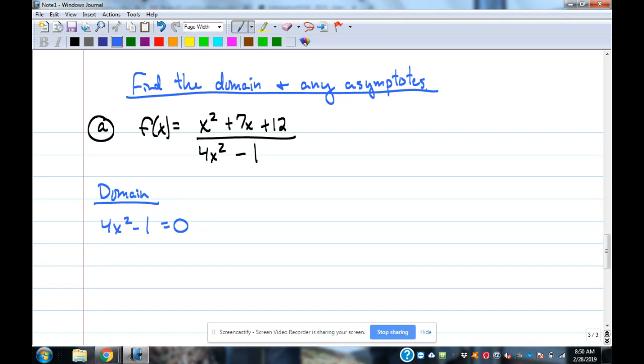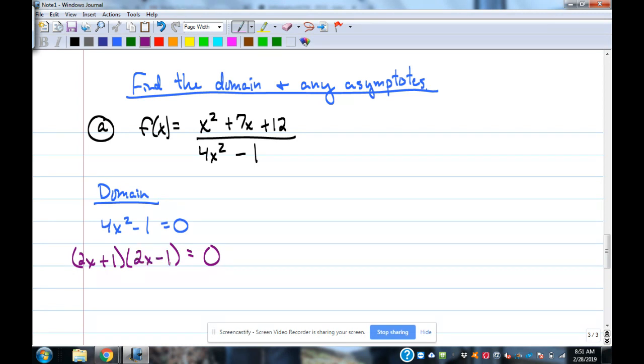Okay, so how does 4x squared minus 1 factor? What's the method? Two terms with a minus sign in between. It's a difference of squares. 2x plus 1, 2x minus 1.